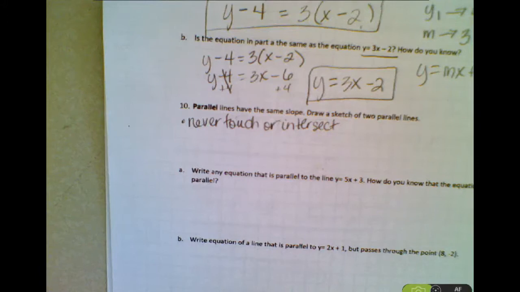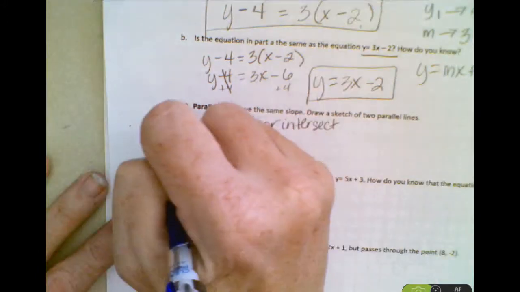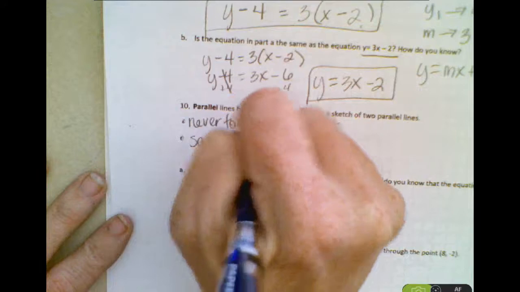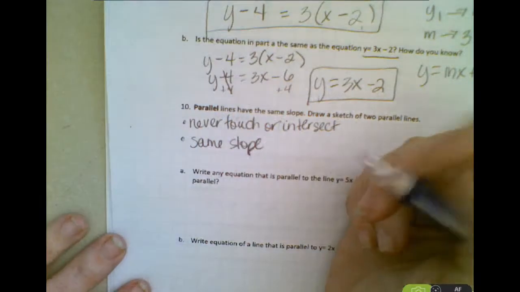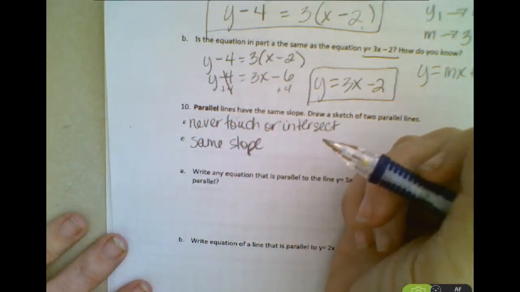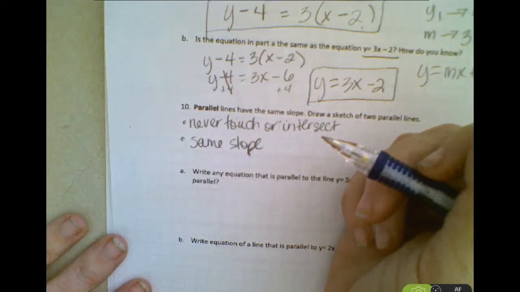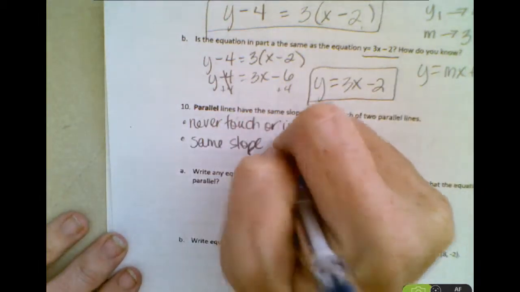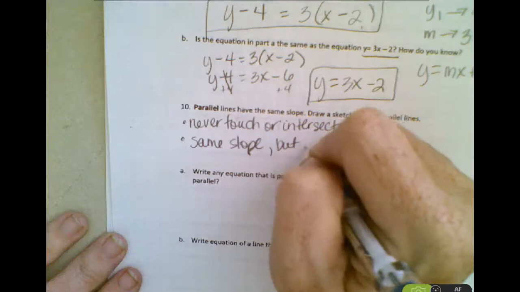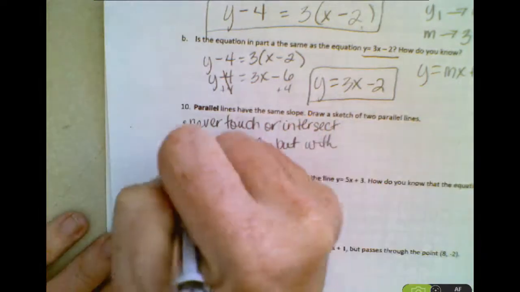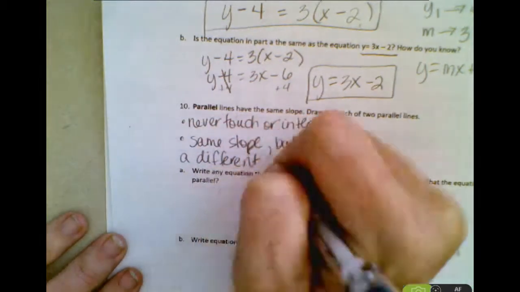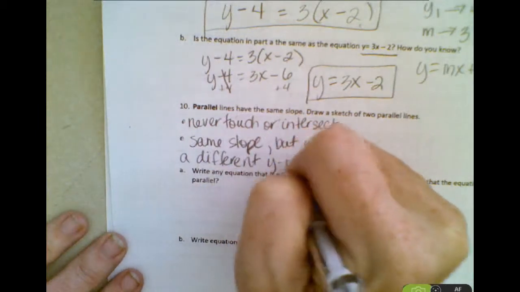The same or different? The slope is exactly the same. Same slope. If their slope is the same, what's the only thing that's different about them? Their starting point. Good. Same slope, but a different y-intercept, a different starting point.